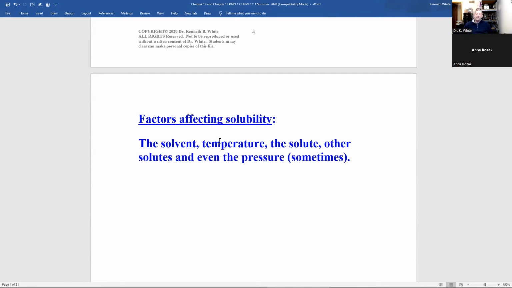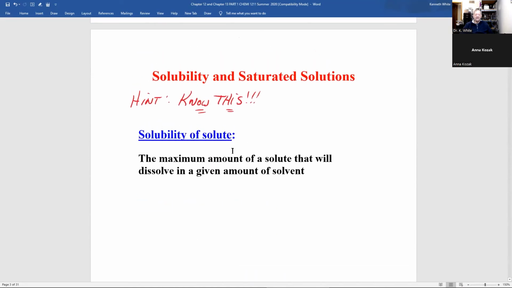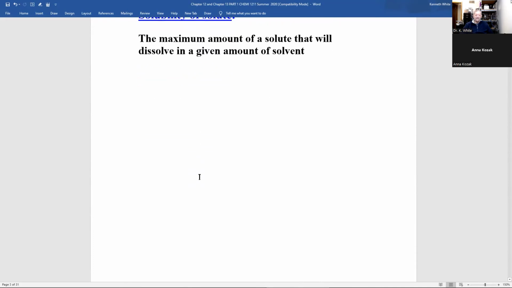And sometimes even the pressure that solution is under. You have pop, when it's at atmospheric pressure, there's a lot less CO2, carbon dioxide, in the liquid than when it's under high pressure before you open the bottle or can. So these are all factors that affect solubility, and solubility of a solute is the maximum amount of solute that will dissolve in a given solvent.